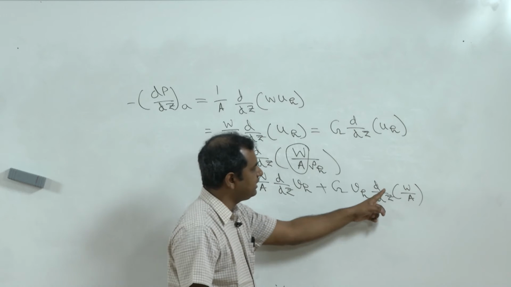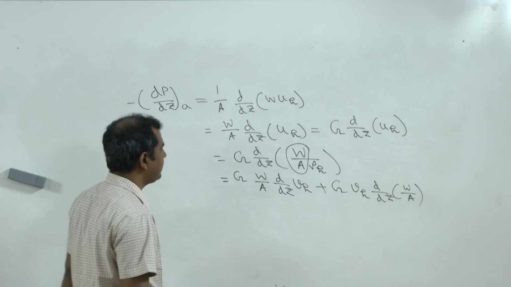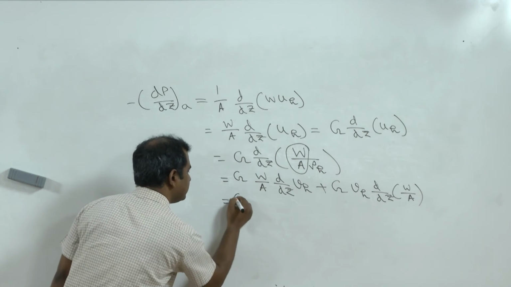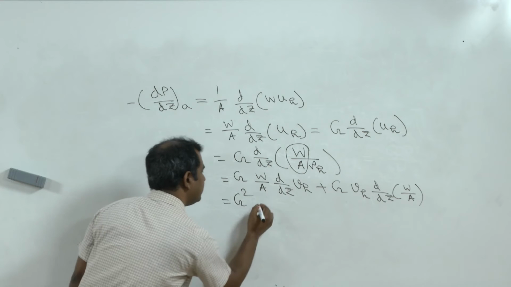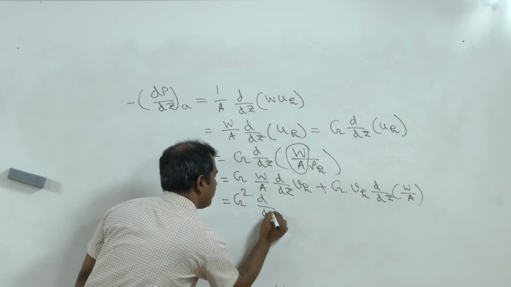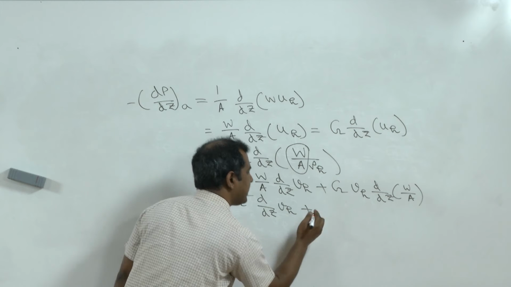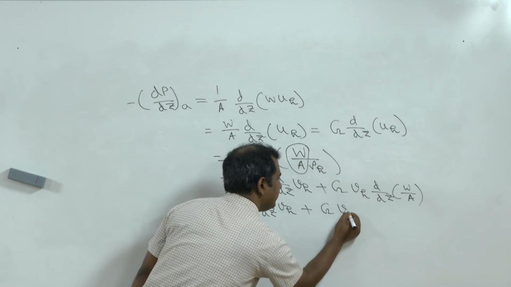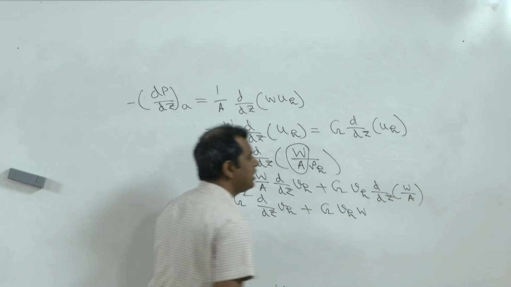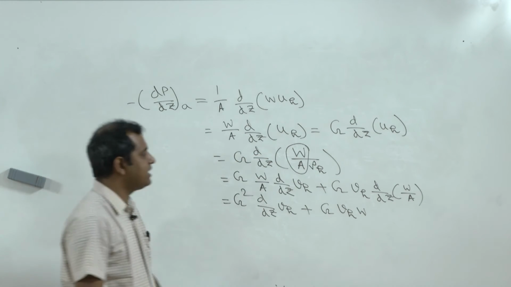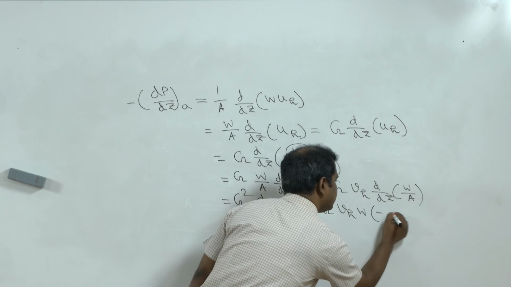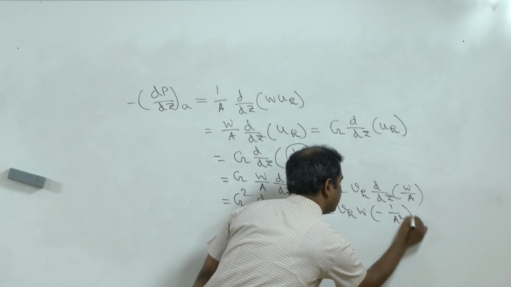So, it becomes d/dz of 1 by A. Let us take these things separately. So, this is G squared d/dz of v_h plus here I am getting G v_h W and then d/dz of 1 by A, that will become minus 1 by A squared.